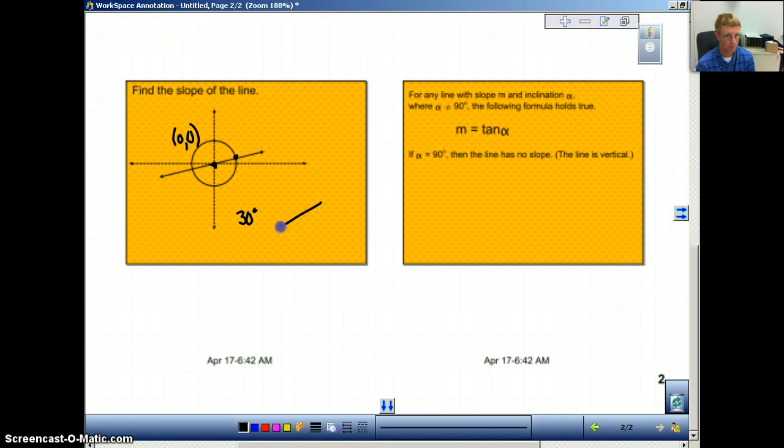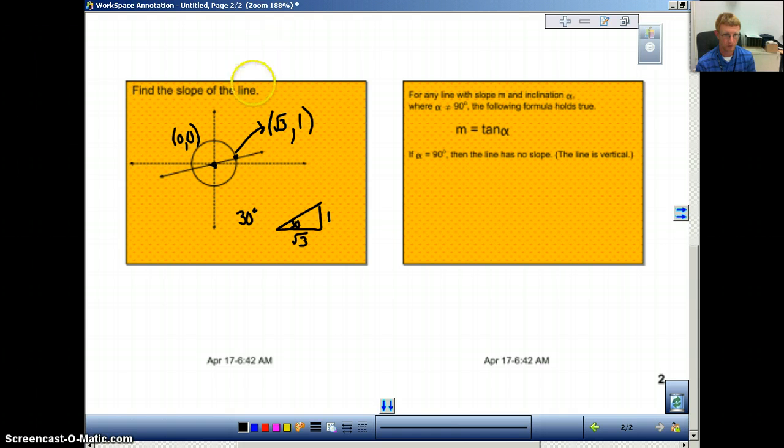Because you guys know by now that a 30-degree angle is going to create sides on a triangle where that would be 1 and this would be square root of 3. So if you think about it, our x value here would be square root of 3. So that's what this coordinate is going to be. The x value would be square root of 3 because you went over to the right square root of 3 and you go up 1. Okay? So that's the coordinate.